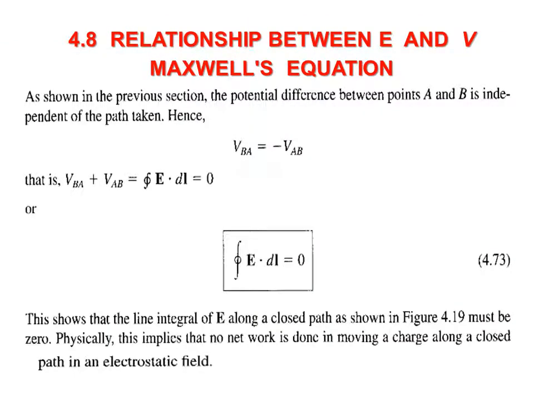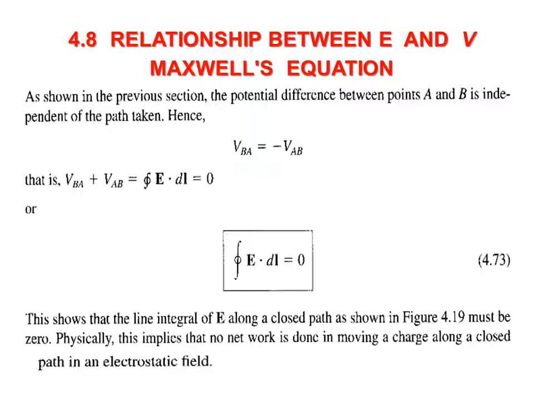Okay, let's move forward, and we have the relationship between E and V, which we call Maxwell's equation. It actually simplifies or justifies Maxwell's equation. As shown in the previous section, the potential difference between point A and point B is independent of the path taken. Hence, VBA is equal to minus VAB.